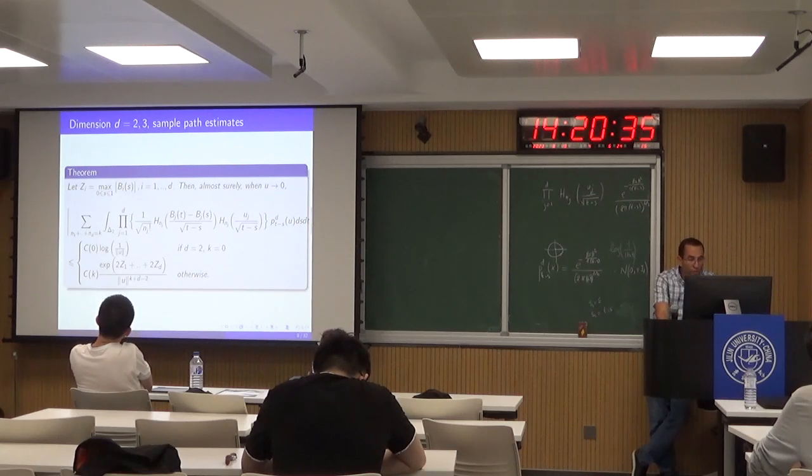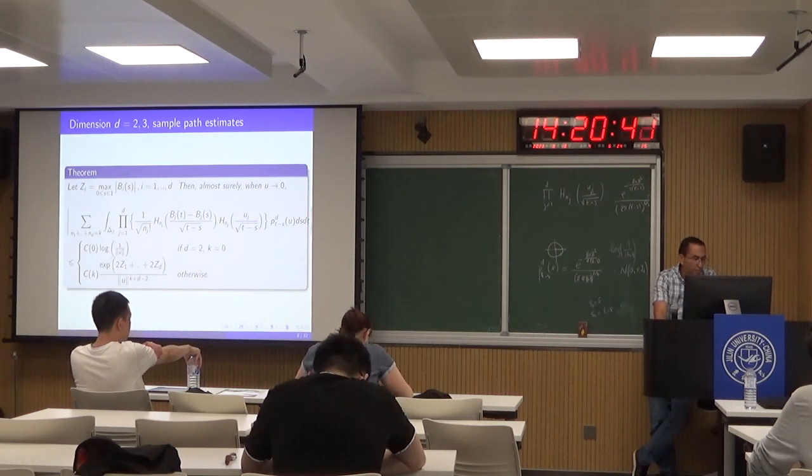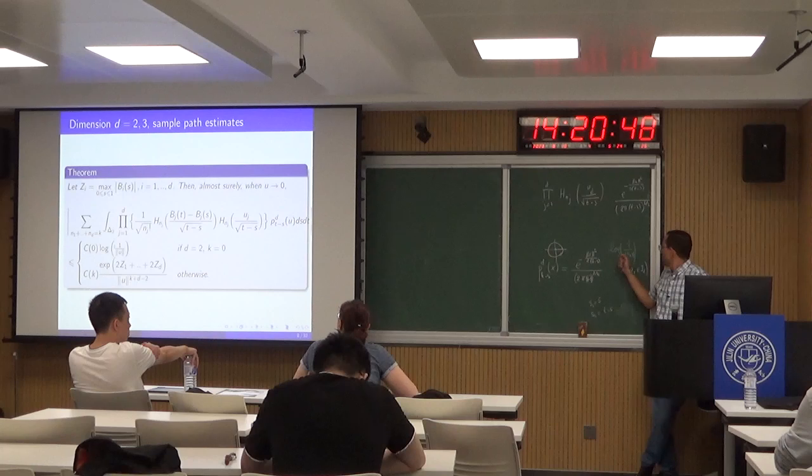This is an almost sure bound, obtained by combining the previous estimates, and at least there is the appearance of the logarithmic part, which appears also in the behavior of the self-intersection local time in the planar case around the origin.